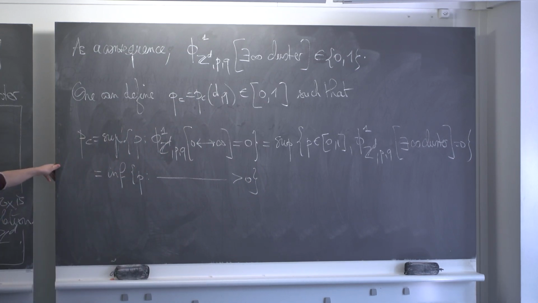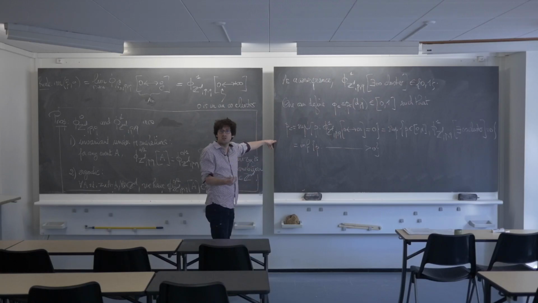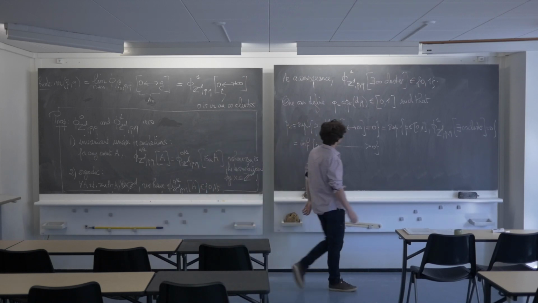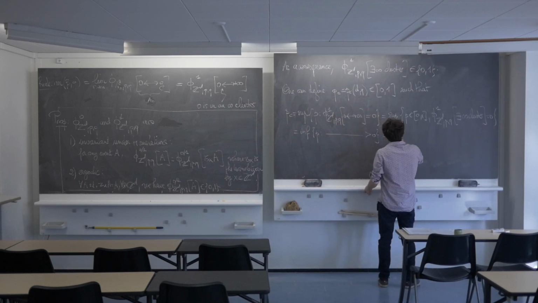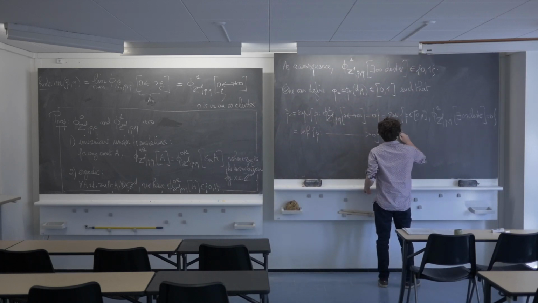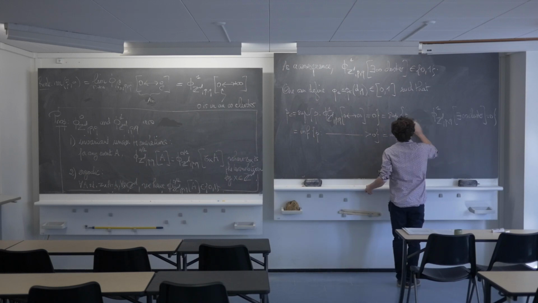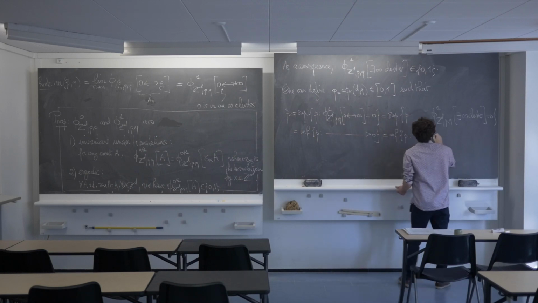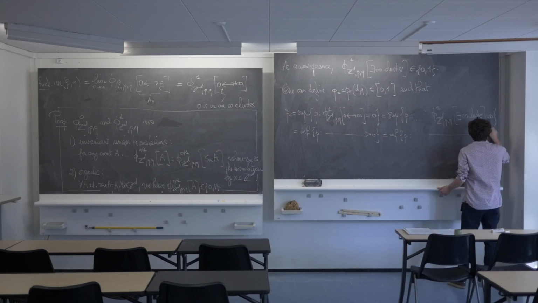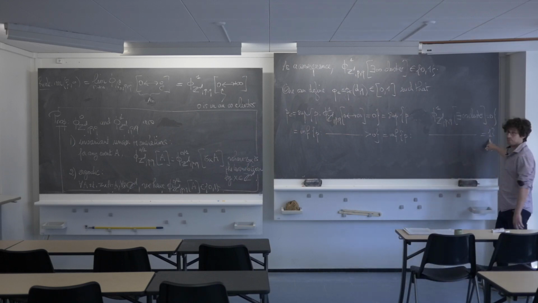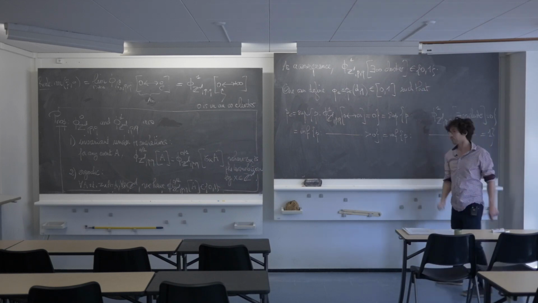This is monotonicity that gives you that. Of course, the monotonicity of the finite volume measures gives you monotonicity of the infinite volume measures. This I let you check, it's a very simple property. And this is also the infimum of the p such that this quantity is equal to 1, because as soon as it's strictly positive, it must be equal to 1, since it belongs to {0, 1}.